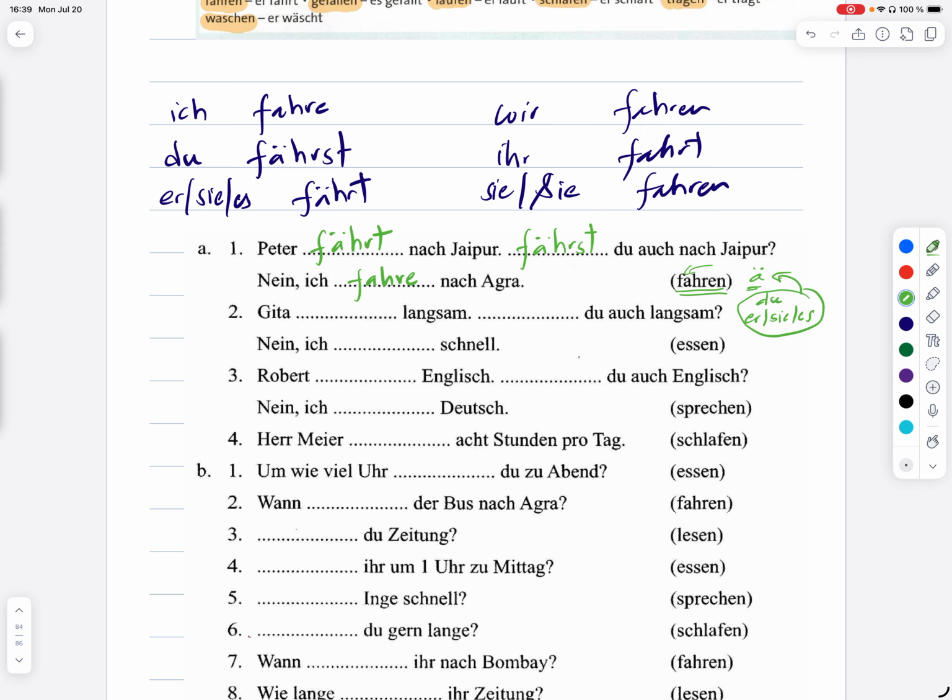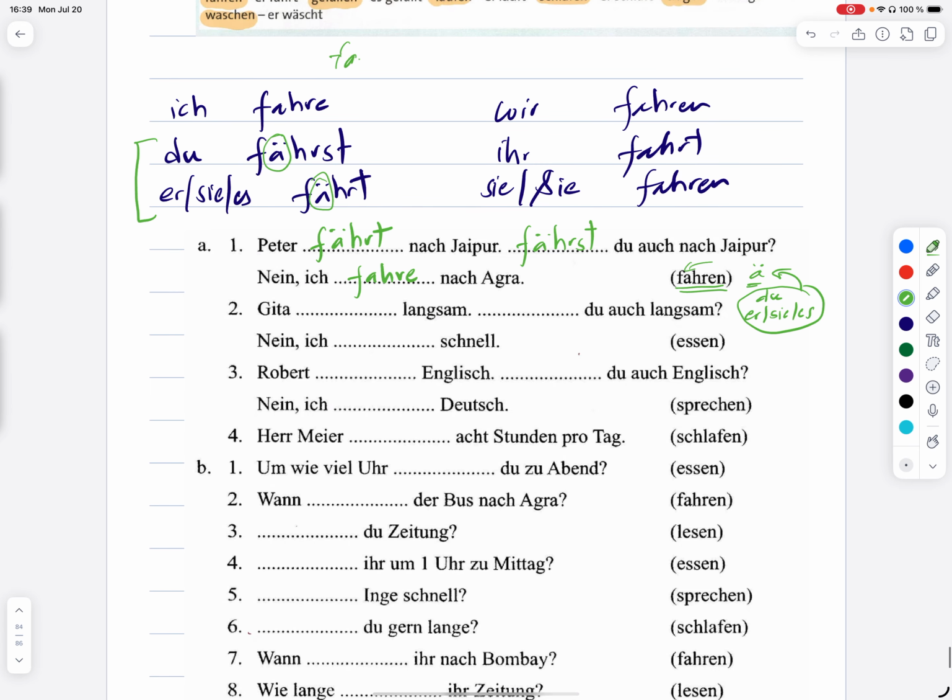So what it looks like for du and er/sie/es here, right? And a will go to a umlaut. So I have the stem from fahren, so this is our fahren, and then fahr. Then I will start doing the conjugation. So fahre, fährst, fährt, fahren, fahrt, fahren, right? So we have the change only for du and er/sie/es. In a similar way, we will keep doing this for the other verbs.